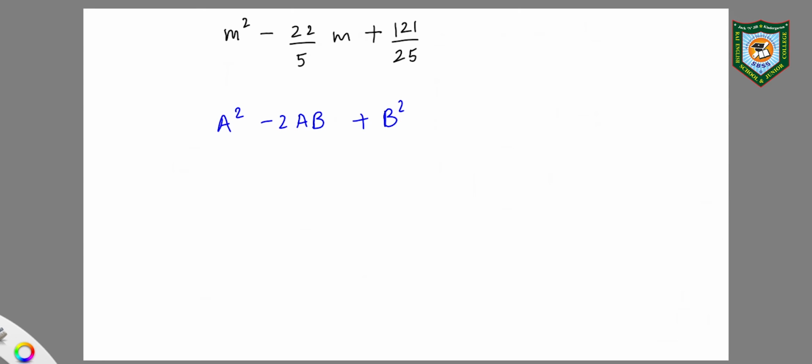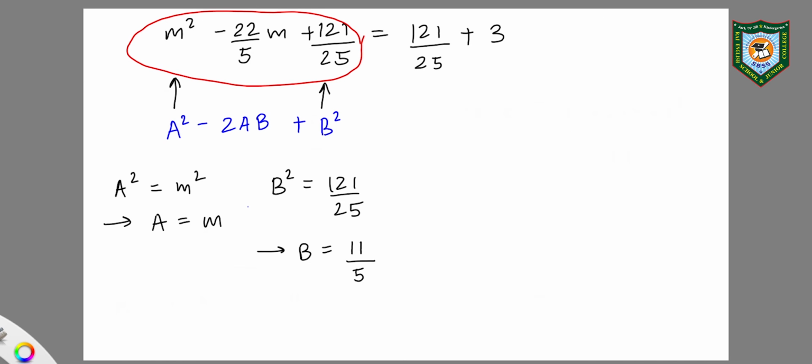Now we know that a square minus 2ab plus b square is equal to (a − b) whole square. We know this, and from our previous slide, we calculated the values of a and b. We know that a is equal to m and b is equal to 11 by 5.